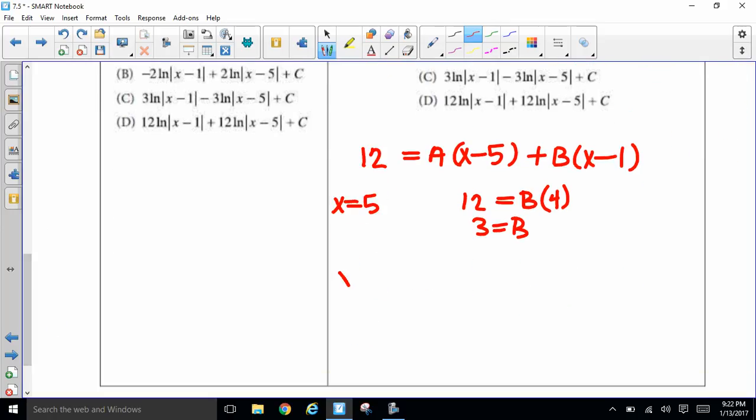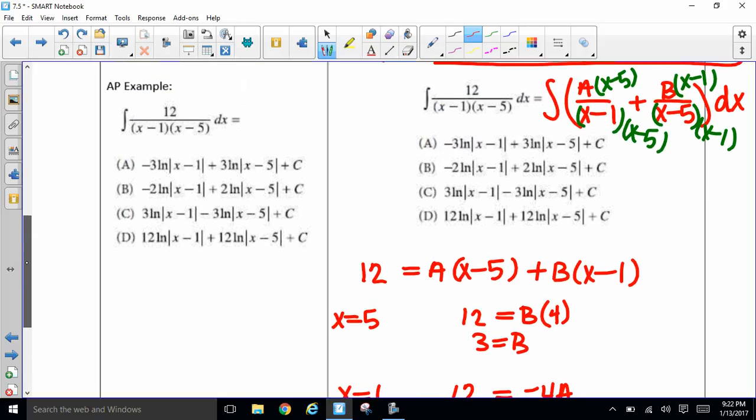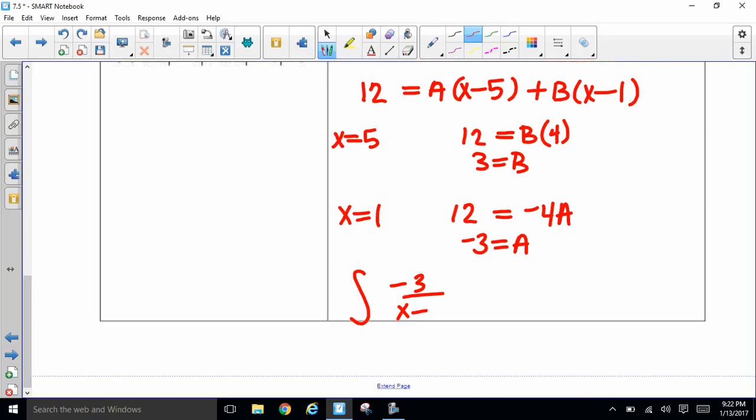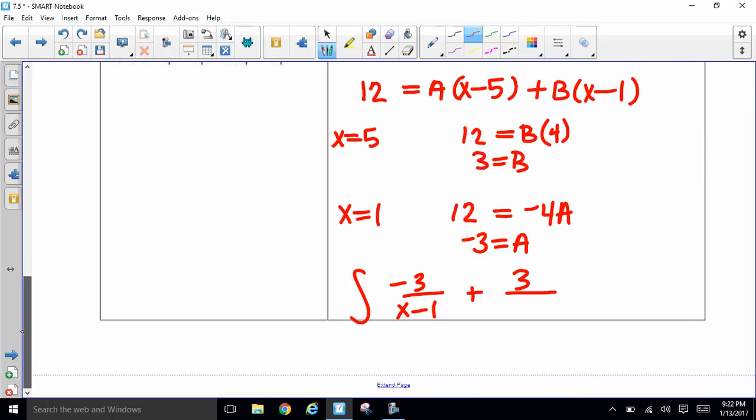Then if x equals 1, 12 equals, well, 1 minus 5 is negative 4, so negative 4A, and then I zero out the last part. 12 over negative 4 is negative 3. So I now know A and B, which means I'm integrating A over x minus 1, so negative 3 over x minus 1, plus B, so 3 over x minus 5.